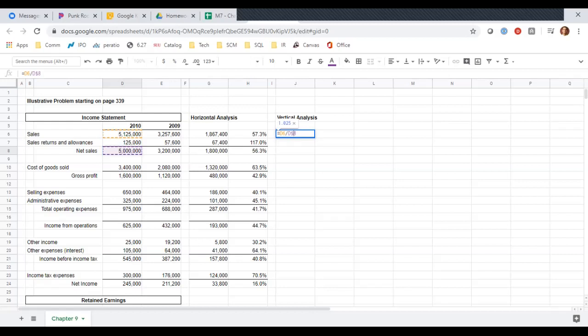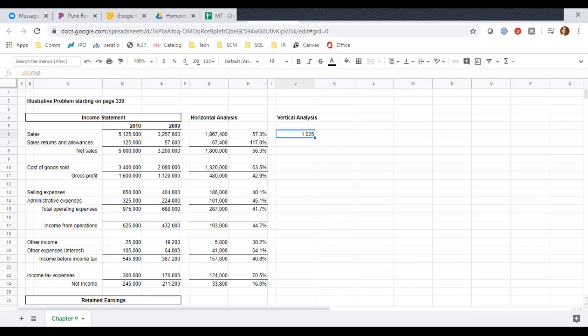And what that means is that D6 is a referential cell. It will adjust as we copy and paste formulas. And column D will adjust as we copy and paste formulas. But row 8 for this reference will not adjust. Okay, that's going to stay the same.